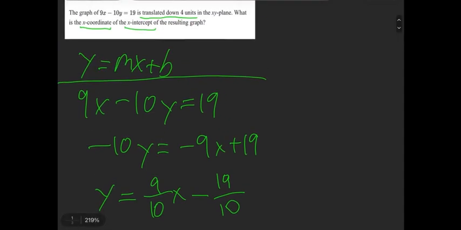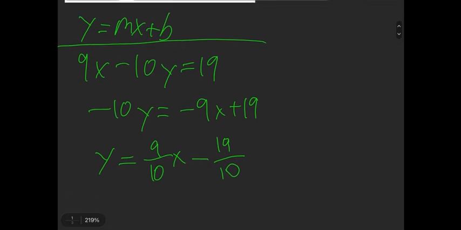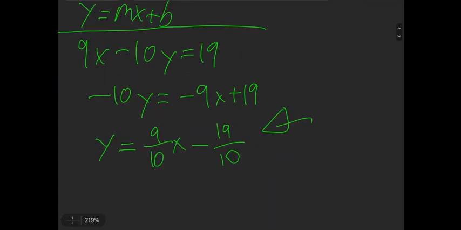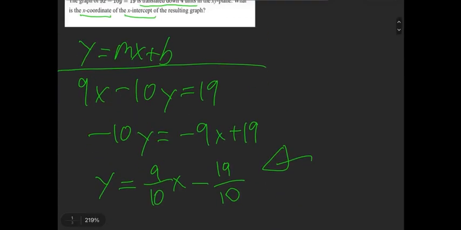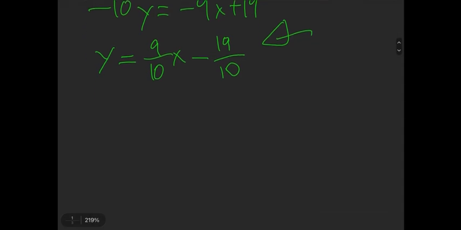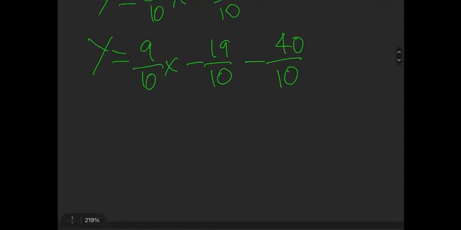Now, if you had access to a calculator, you could just plug this into Desmos and subtract 4 from it, since we're translating down by 4. But I'm going to do this by hand to show you that it's pretty easy. To show that it translates down by 4, we just have to subtract 4 from this equation, which would get us y equals 9 over 10x minus 59 over 10.